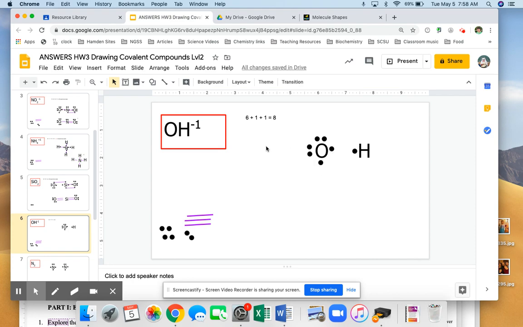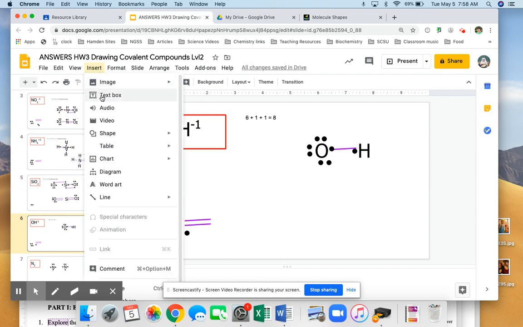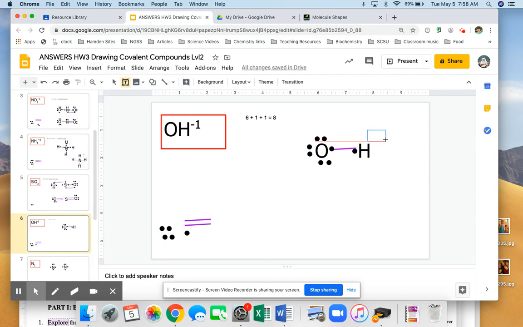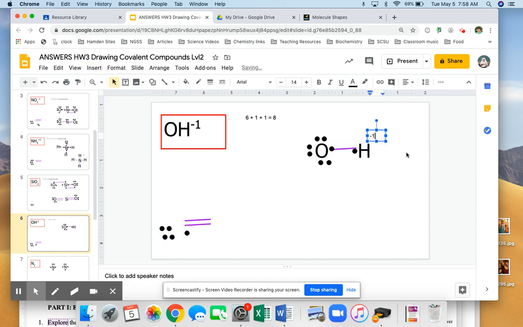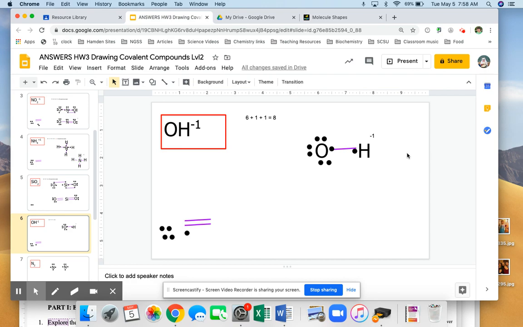We need 1 more. Because we're going to show a bond happening between O and H, I'm going to show that bond in now. So you can see that these 2 ones are not alone. So oxygen wants that extra electron here. That is our OH, and we're going to give it a -1 charge to show that this whole thing has a -1 charge.